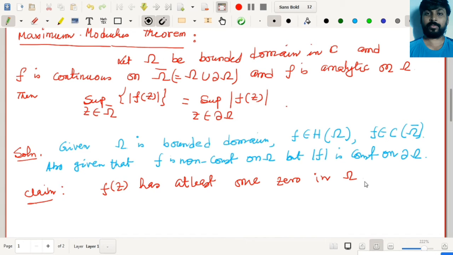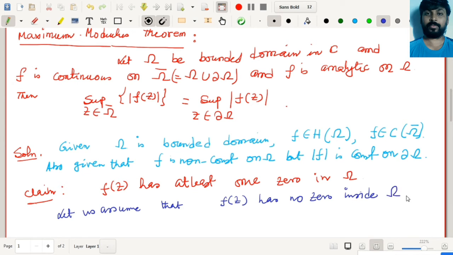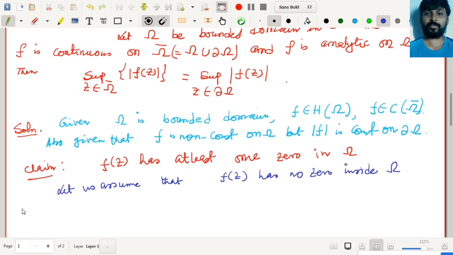We have to prove this result by the method of contradiction. So let us assume that f(z) has no zero inside omega.